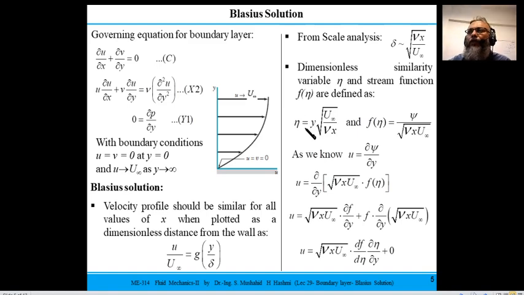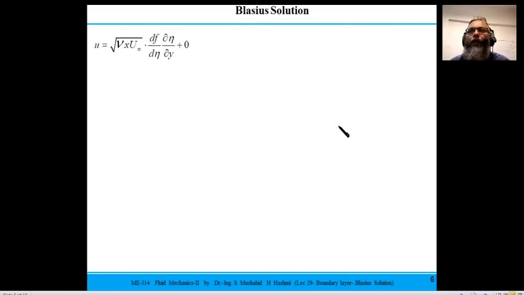So if I differentiate eta with respect to y, I am going to get this term in the square root.